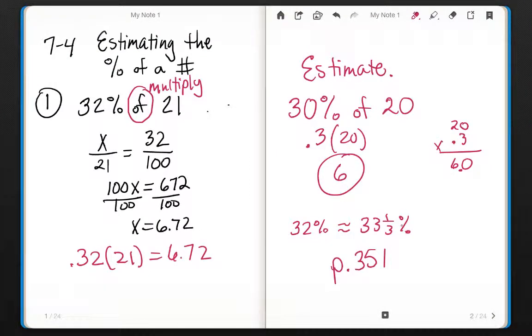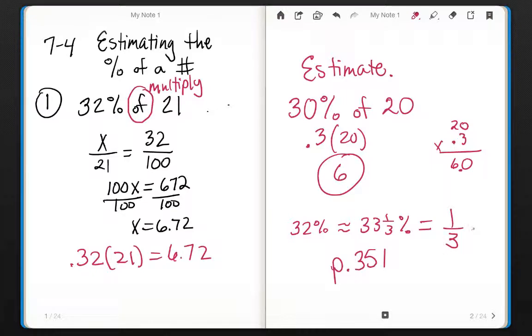And I'm not going to require that you memorize these, but if you want to, they're pretty common. And some of these you already know. But if you don't have them memorized, it's pretty easy to figure them out. So what Haley was saying there, Mason, was that 33 1/3% is close to 32, and 33 1/3% is 1/3.